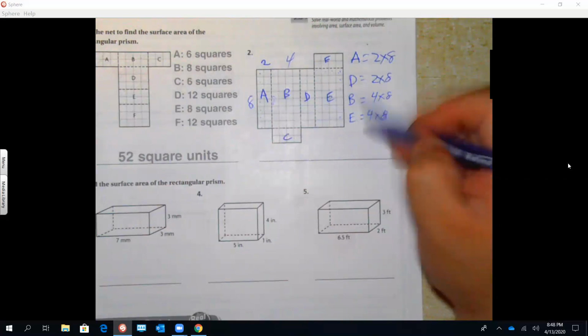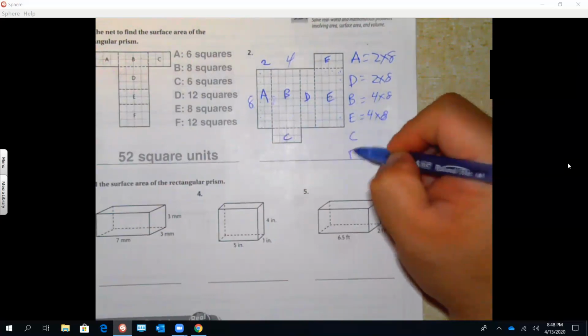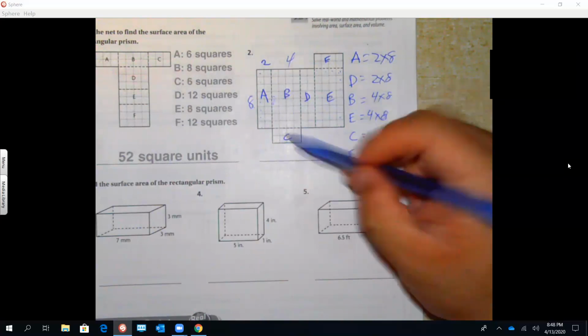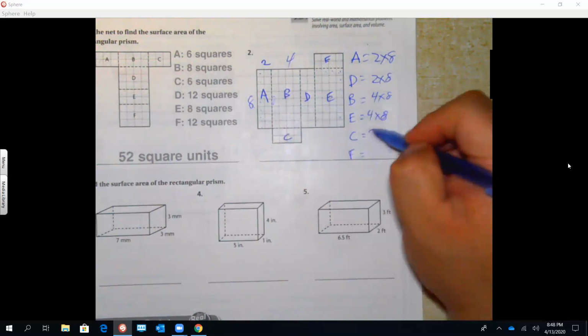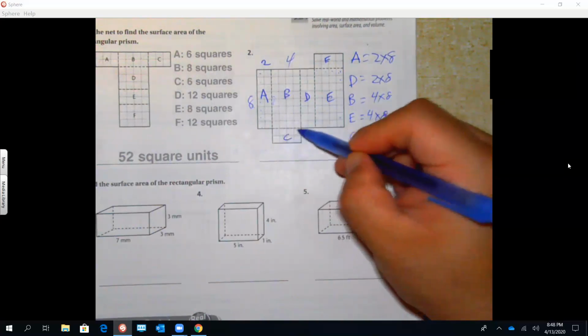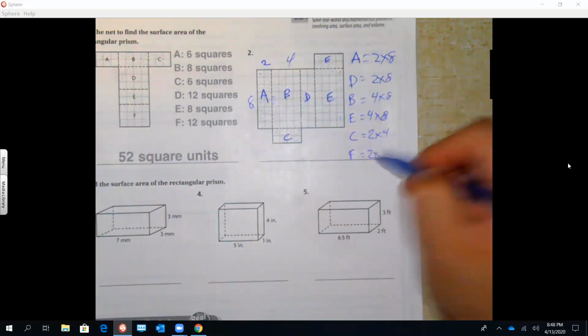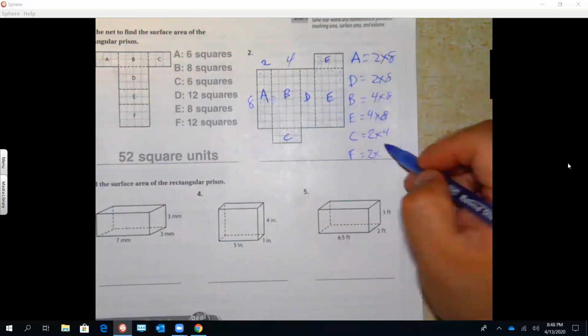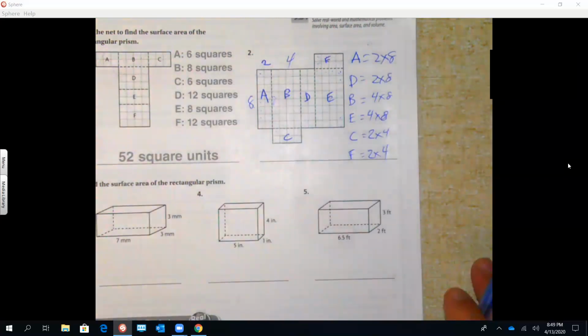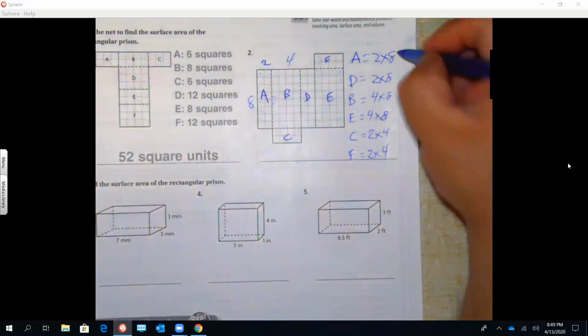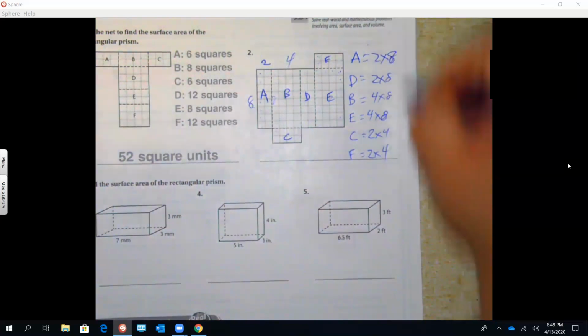And then C and F. C is 1, 2, 3, 4, and F is also 1, 2, 3, 4. And then you find the product and you add it all up.